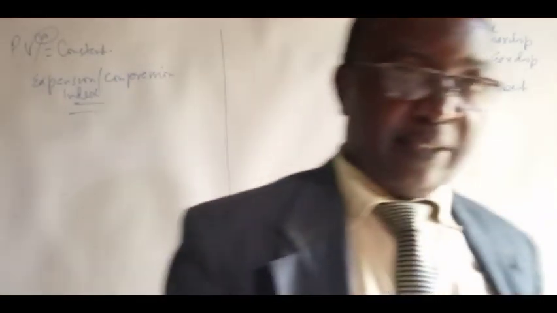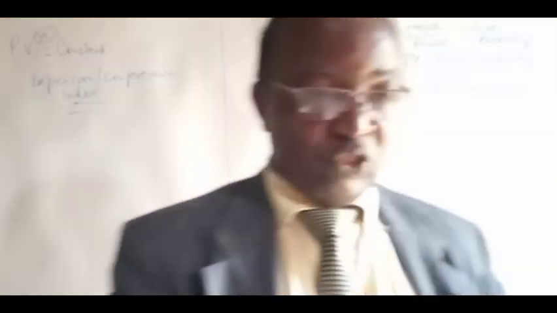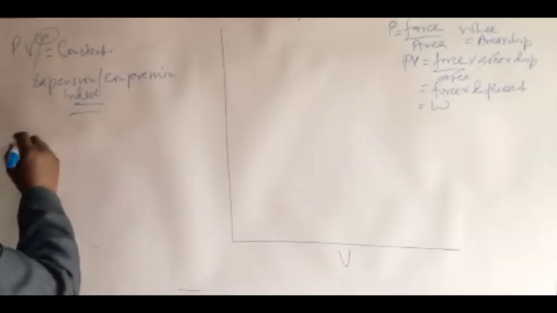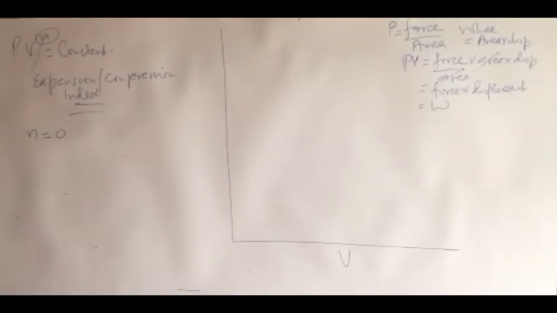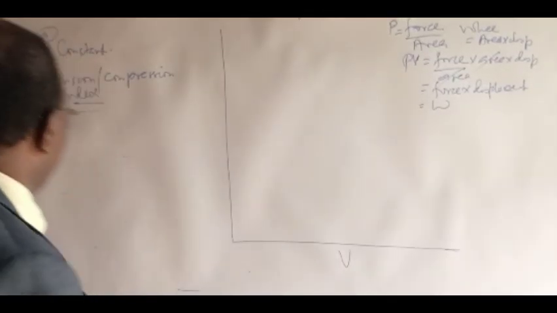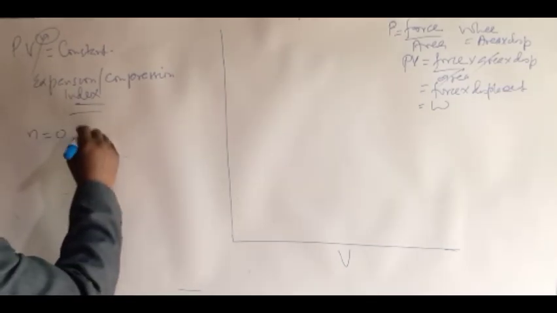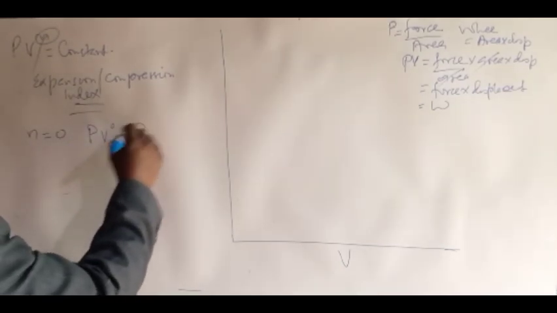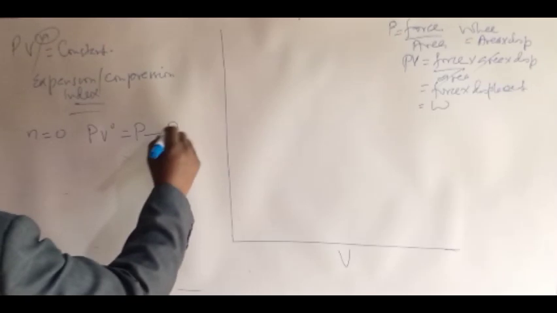Whatever you call it, it doesn't change what it is. Now, when n is equal to 0, then we have PV^0, that is P. So pressure is constant.